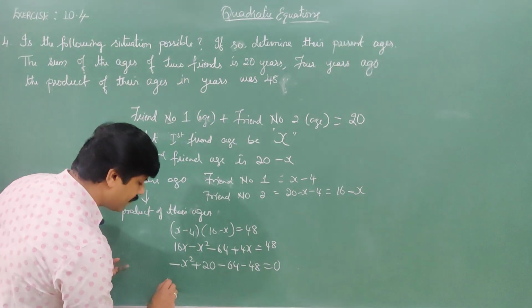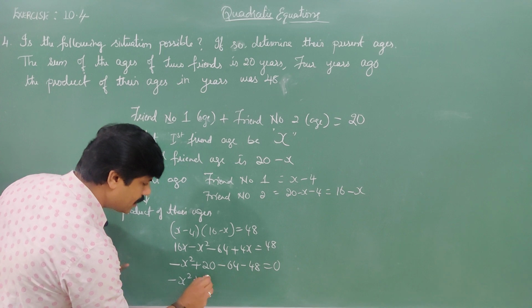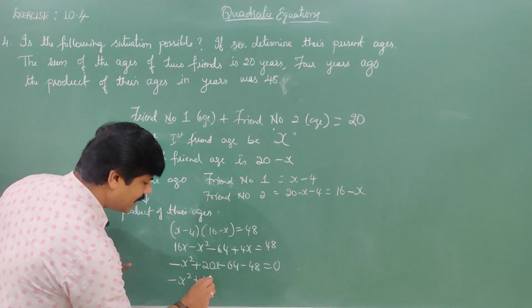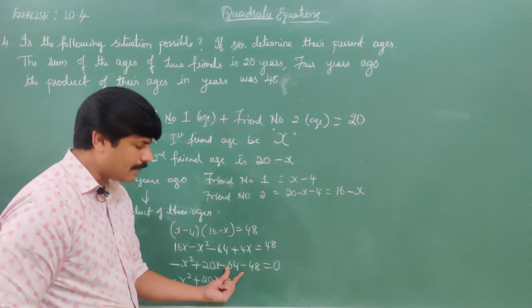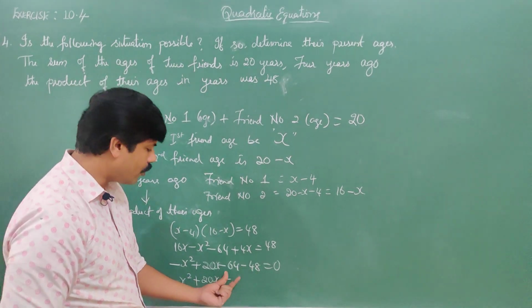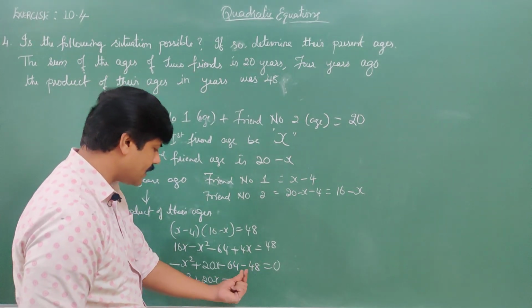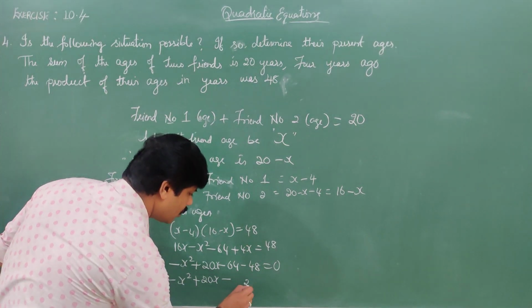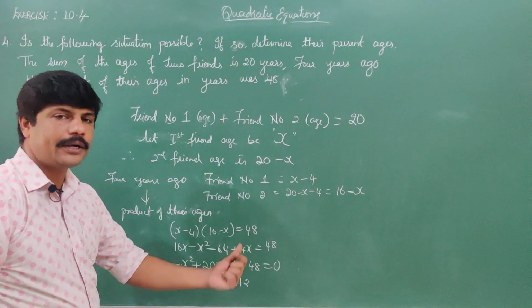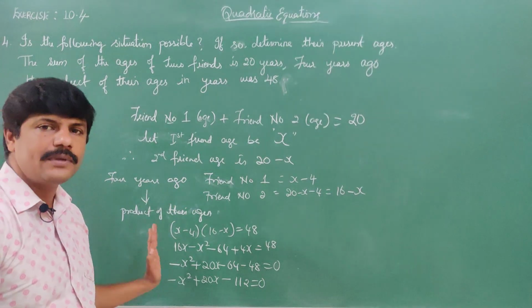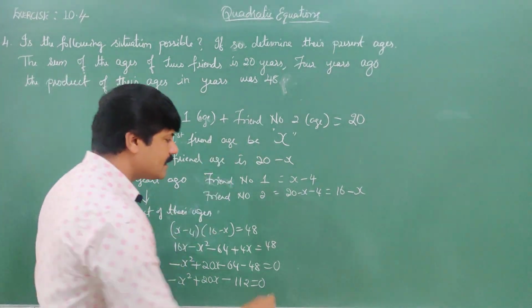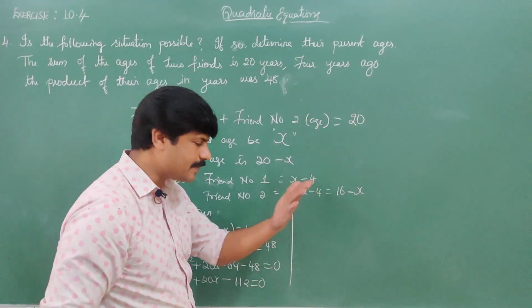Now you will get minus x square plus 20x minus 64 minus 48. 64 plus 48 is 112. Minus 112 is equal to 0. Now see here, in place of x square, minus has come. So multiply throughout by minus such that minus becomes plus and plus becomes minus here.